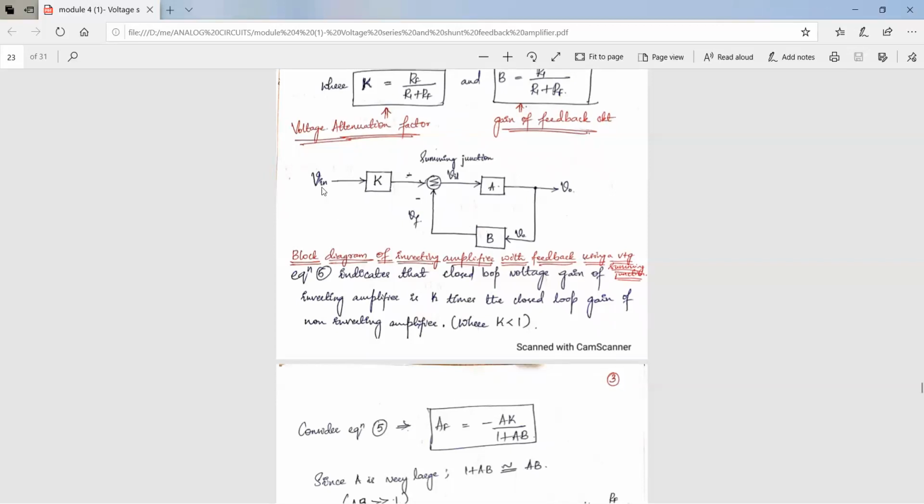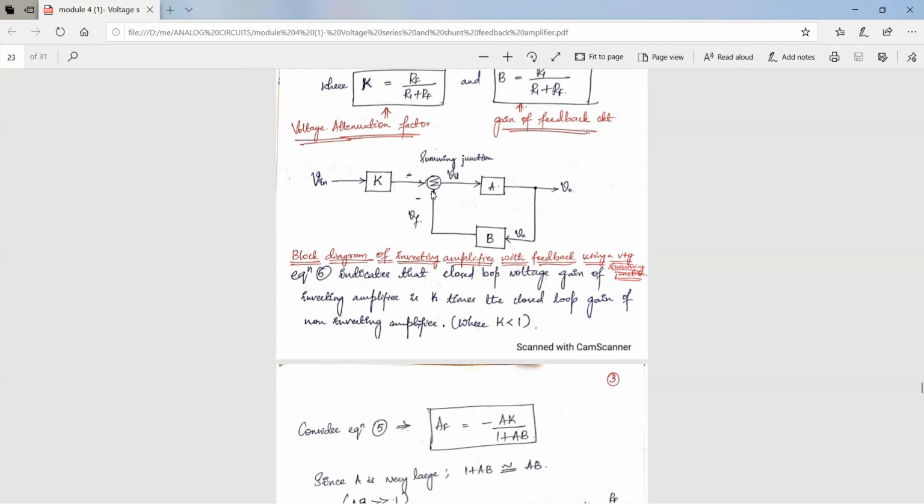Here as you can see, input voltage is V in, and it is attenuated by a factor K, and here this is the feedback network, and here V naught, meaning the output voltage, is given as the input to the feedback network, and the output voltage will be VF.